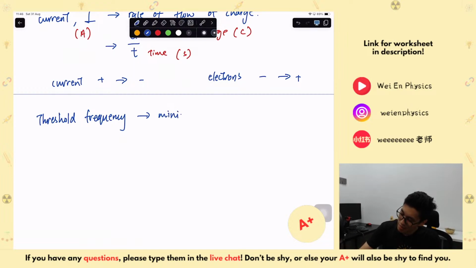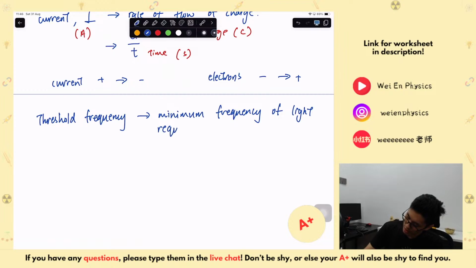It's the minimum frequency of light required to release electrons from a metal surface.